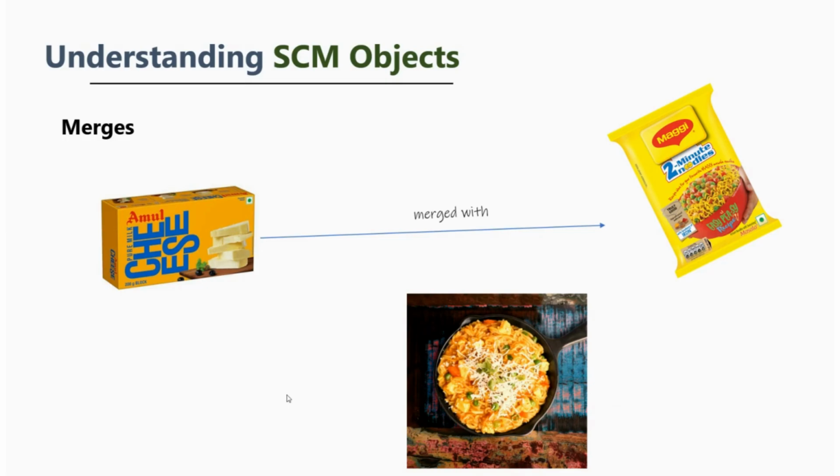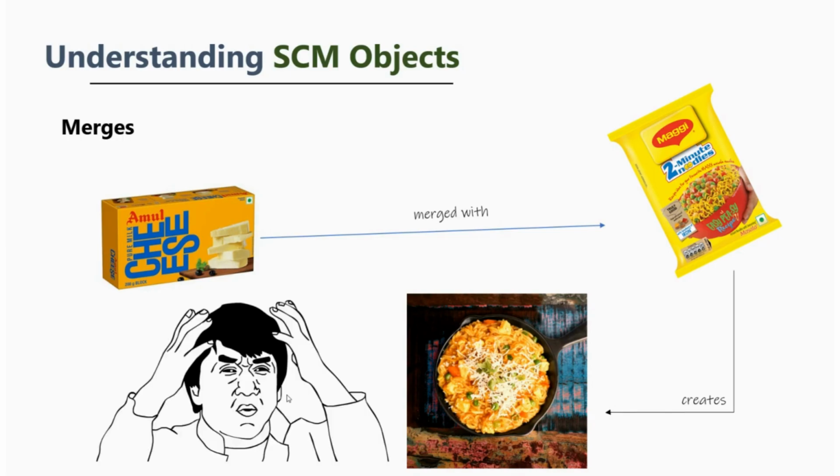So when you merge the items in your cheese compartment with the items inside your Maggi noodles compartment, what you get is cheese Maggi. Now the important thing to observe here is that cheese Maggi has got properties of both cheese and Maggi, the two items that we tried to start with. I know this is a very lame example, but that is the best I can do.